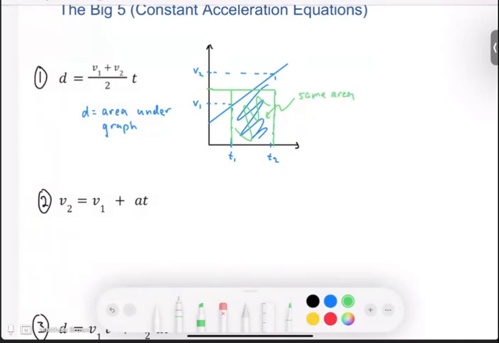You can also see from this why it's important that we have a constant acceleration, because then we can just take the average of the two.